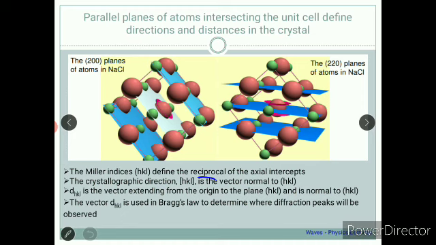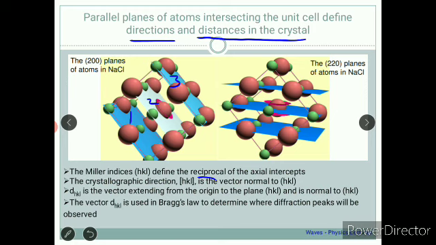So these parallel planes of atoms which intersect the unit cell define the direction and distances in the crystal. If we have a plane of atoms, you can see here there are three planes shown. This is one plane, this is the second plane, and this is the third plane. All three of them will have the same set of Miller indices.